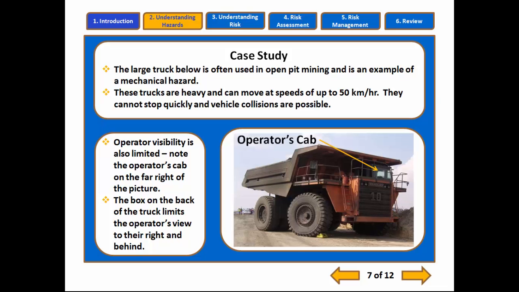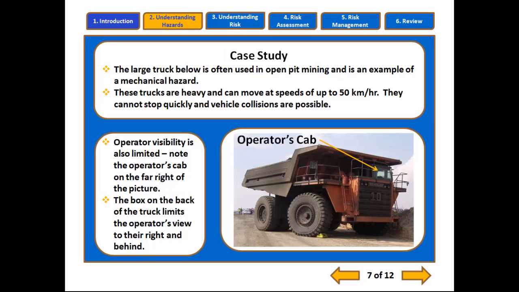And we look specifically at the dump truck in this picture in the lower right corner. You can actually see the operator's cabin. This is the right side of the photo, so that's the left side of the truck. And visibility is a major issue with this particular design. The operator can see to their left and straight ahead, but it's hard for them to see down, it's hard for them to see to their right, it's hard for them to see what's behind them.